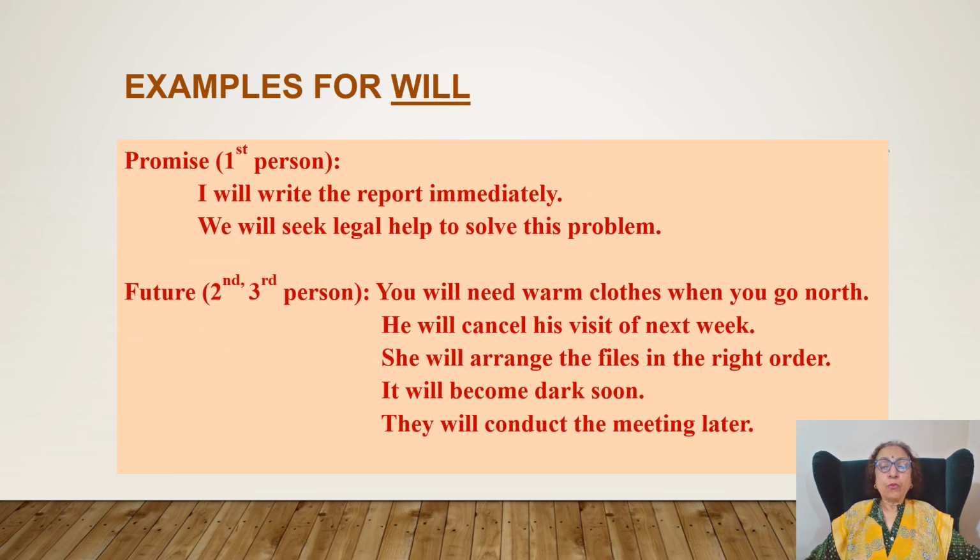Now we come to will. I have given you many examples for the tense usage, the future time usage of will, because in the earlier slide we have not done it. We will do it when we are doing the lexical verbs. We have also to be form, will be or shall be.